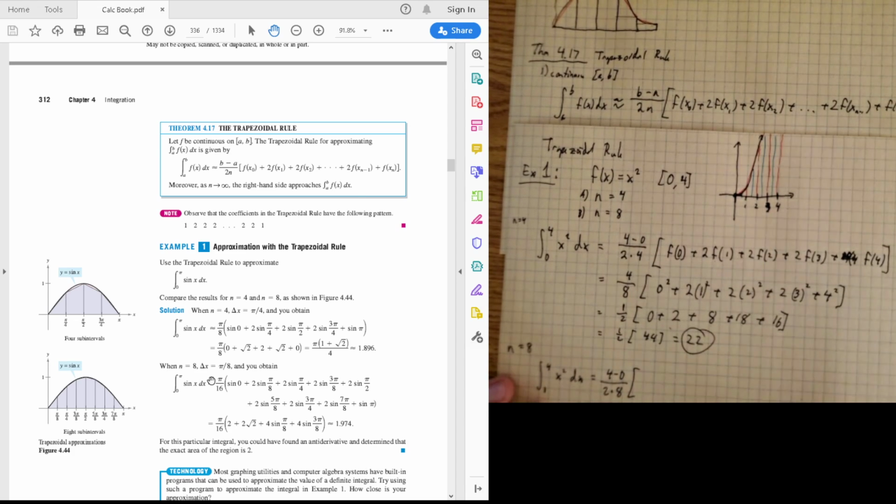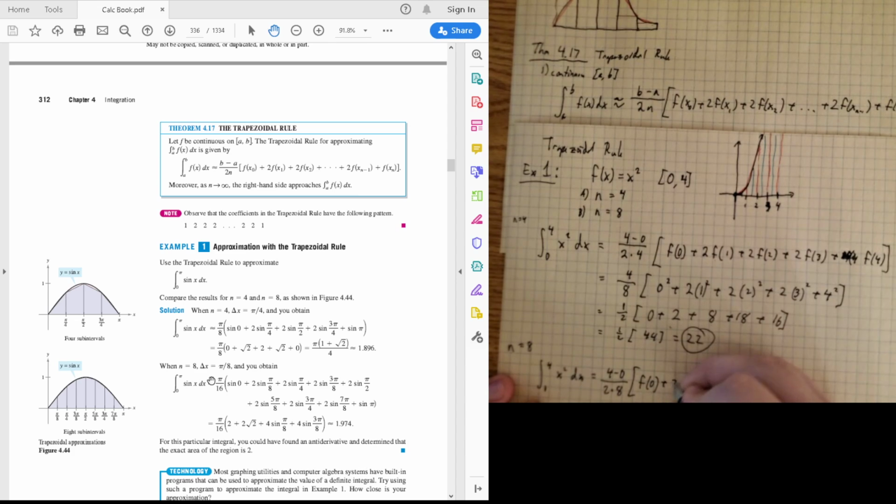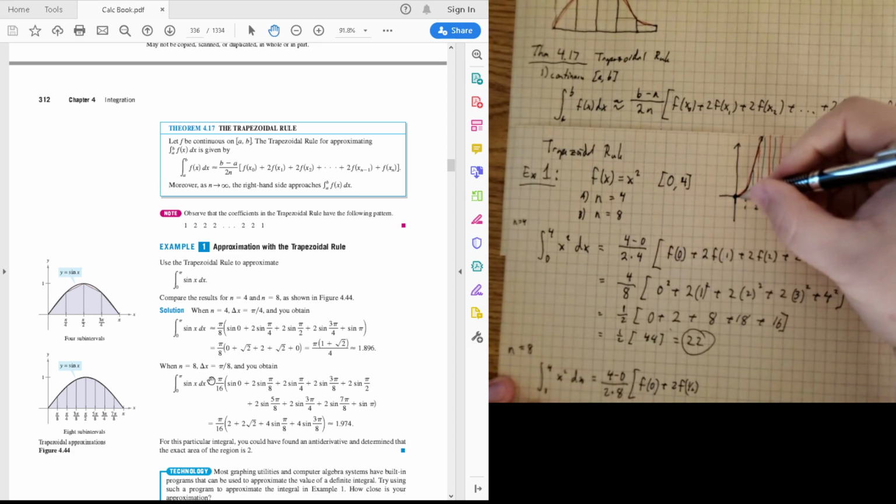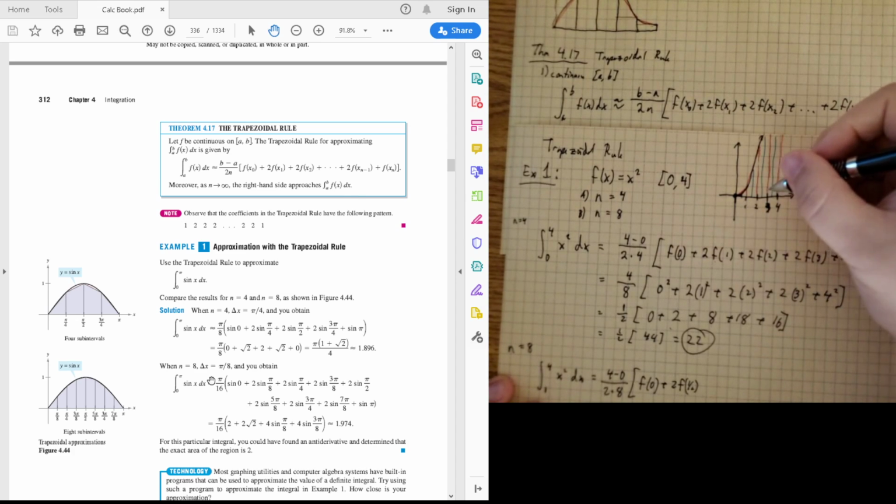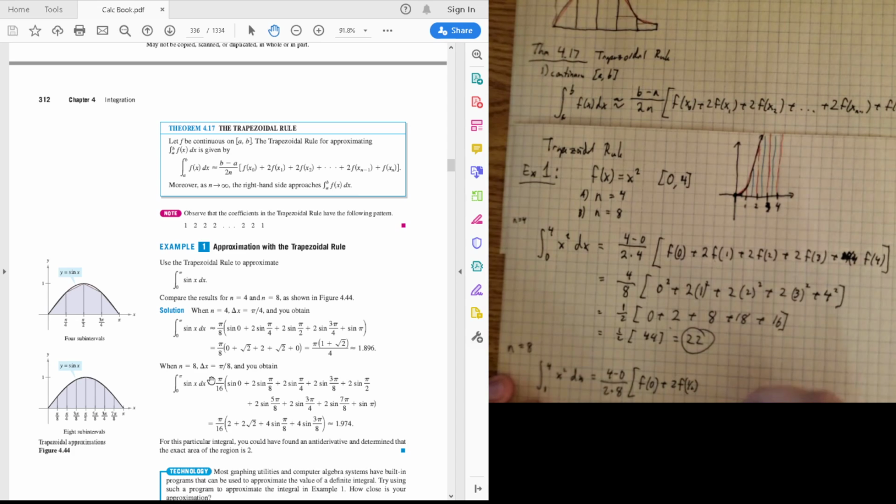All right, our first dot is at 0. Our next dot is going to be at 1/2, because we're breaking it into 8 little mini, not rectangles, but trapezoids. So f of 0 plus 2 times f of 1/2 plus 2 f of 1 plus 2 f of 3/2.